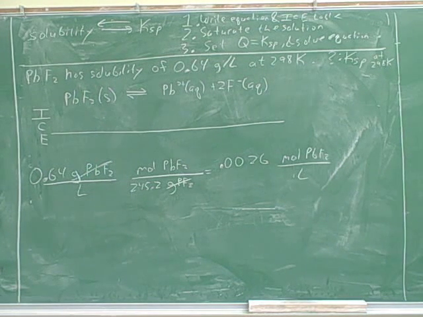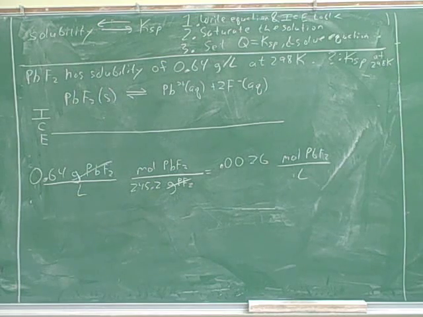And because it's a 1 per 1, it's going to be plus 2.6. Great. And this is going to be plus 2. Good.